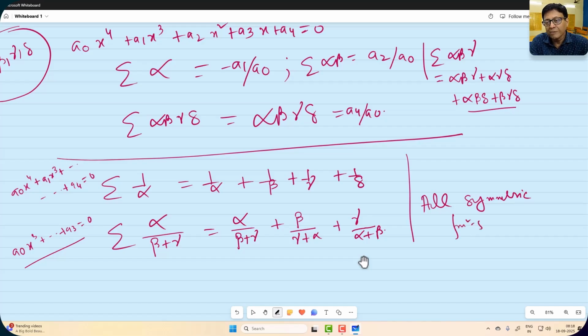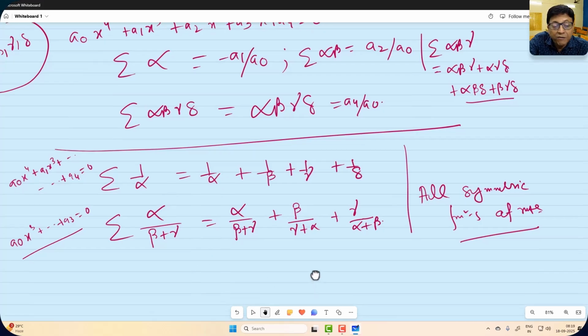Now, by remembering this, I will be writing the nth degree polynomial and the general method of finding the values of this kind of symmetric functions.